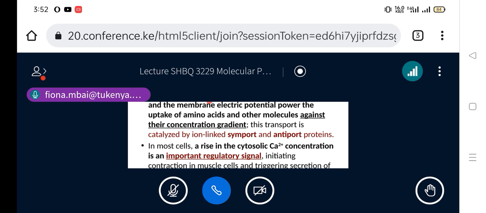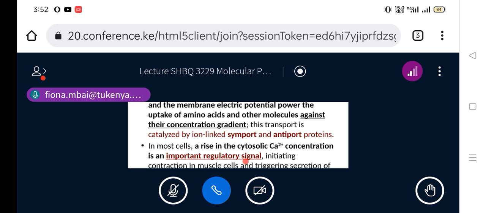In many animal cells, the sodium concentration gradient and the membrane electric potential power the transport of other molecules against their concentration gradient. This transport is catalyzed by ion-linked symport and antiport proteins, co-transporters and co-exchangers. In most cells, a rise in the cytosolic calcium concentration is an important regulatory signal.